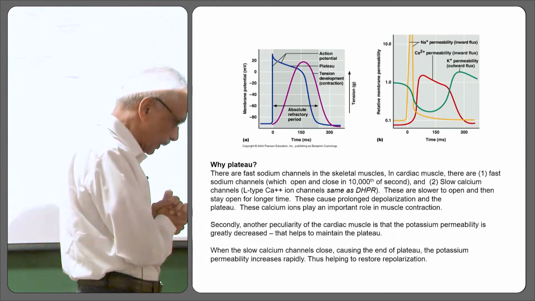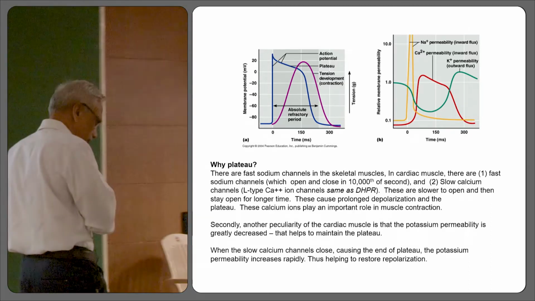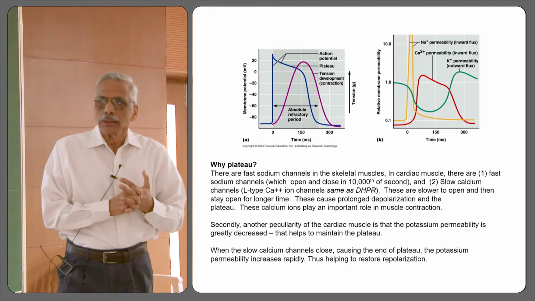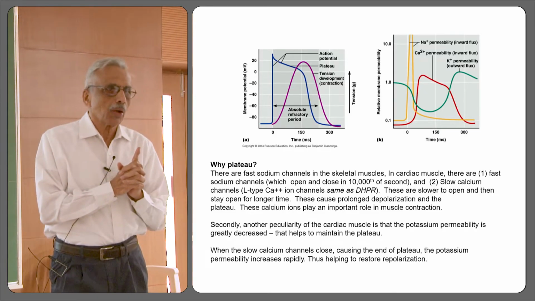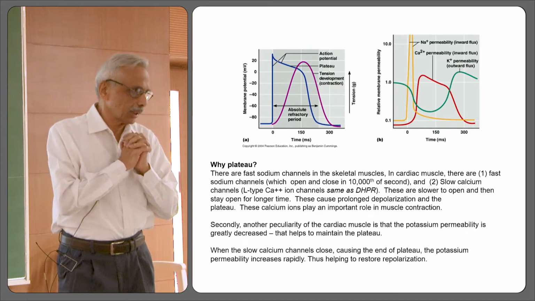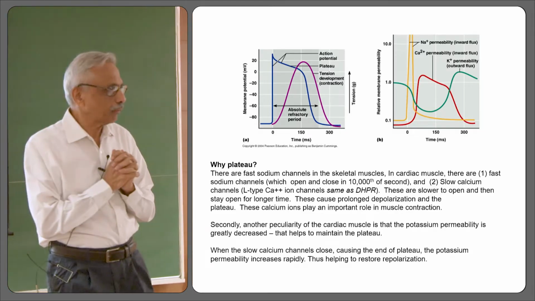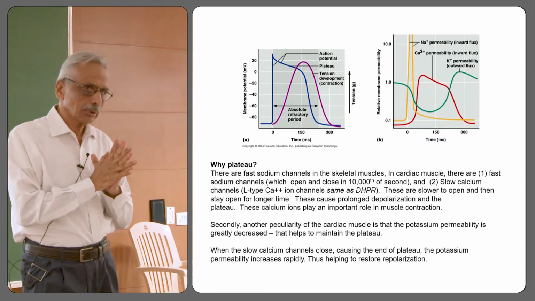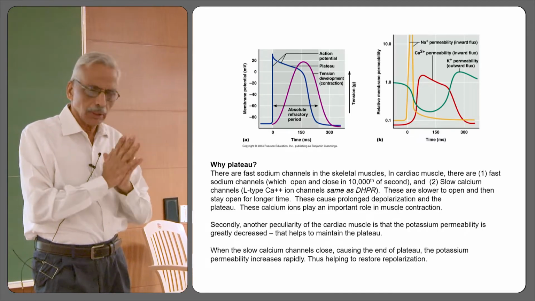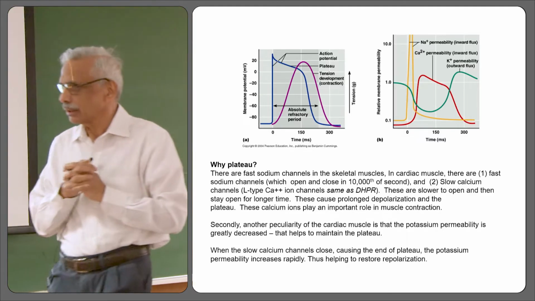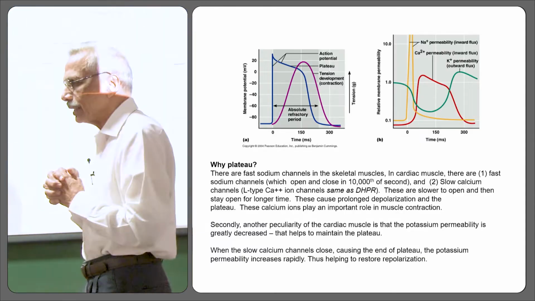Now let's see why we are finding this response from the cardiac muscle. Number one, the plasma membrane of the cardiac muscle is equipped with different kinds of ion channels. Different kinds of ion channels. And some of them are called fast sodium ion channels.